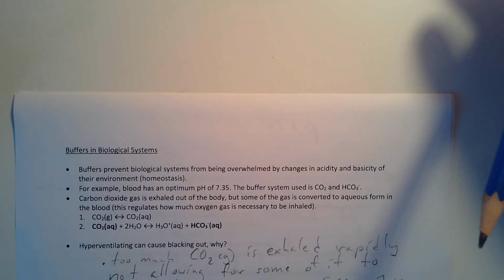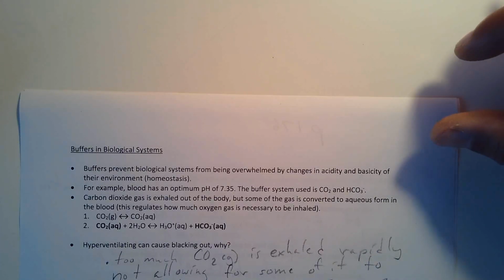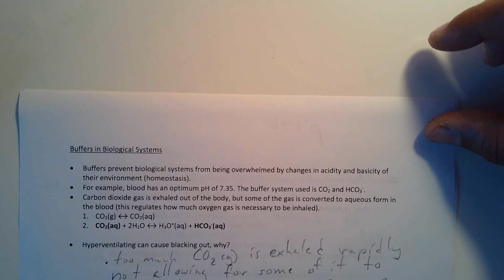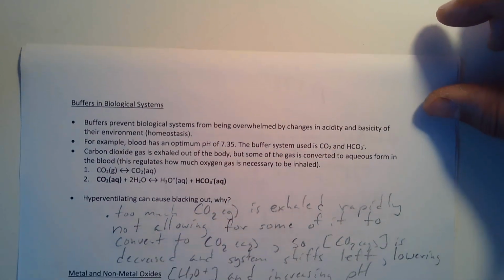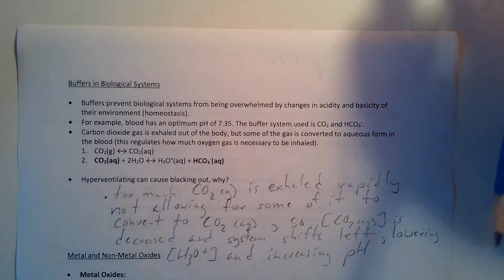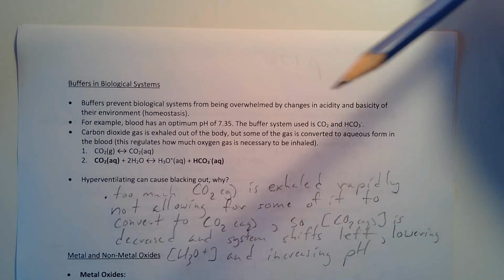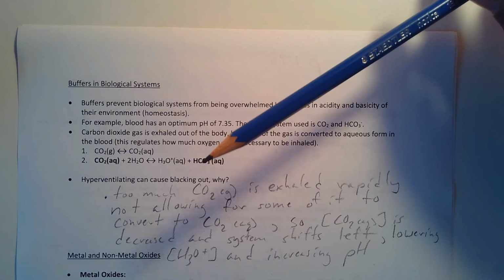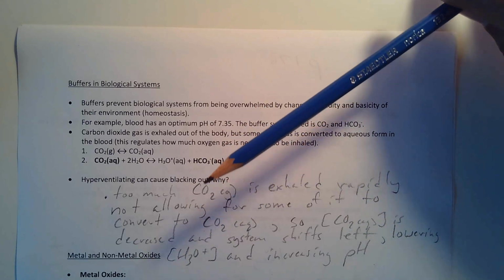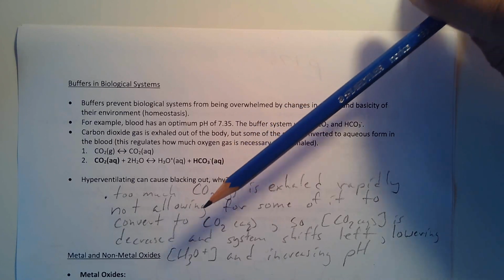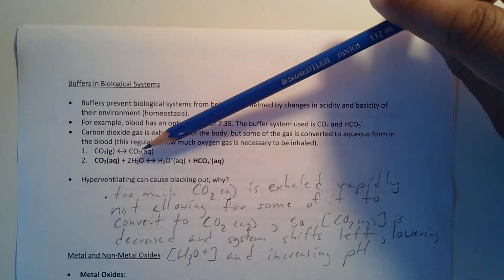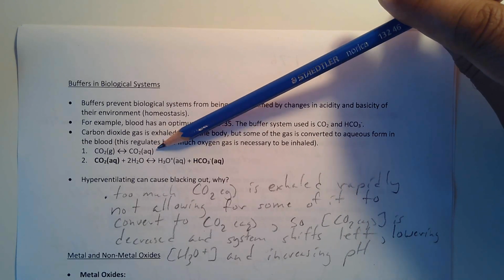Hyperventilating can cause a blackout. So a blackout is basically due to not getting enough oxygen, getting unconscious, and this specifically is caused by the pH getting too high. So what's happening here is when you're hyperventilating, you're really breathing quite hard, so you can't get your breathing rate back to normal. You're exhaling too much CO2 rapidly, and by doing that, you're not allowing it to convert to the aqueous form.